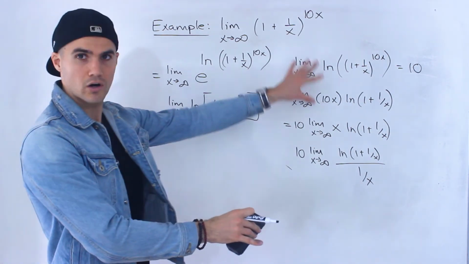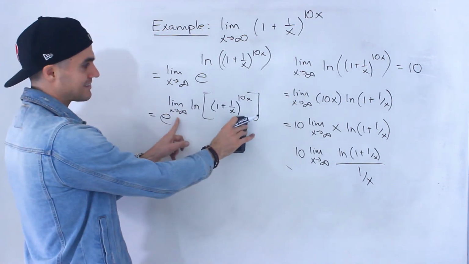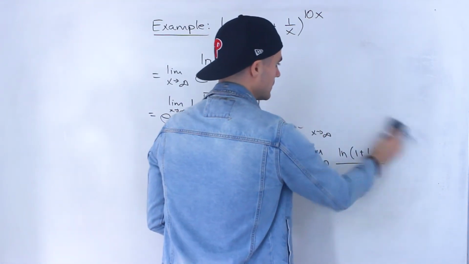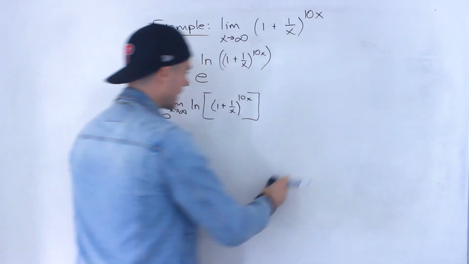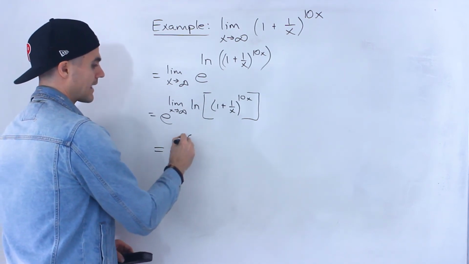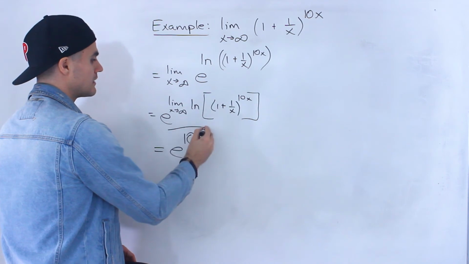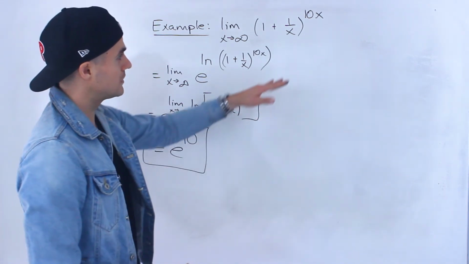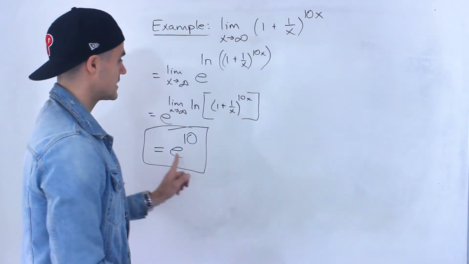This was work on the side to figure out what that limit in the exponent is. And we know that the limit in the exponent is equal to 10. And so our final answer is e to the power of 10.